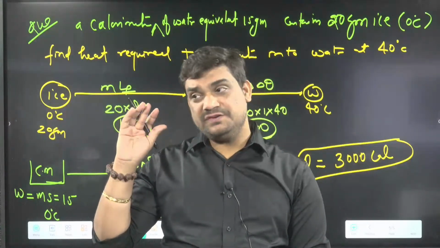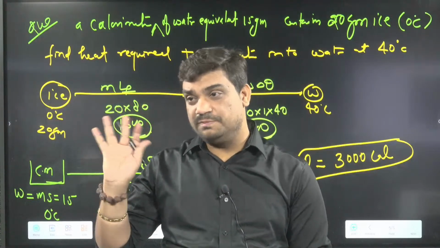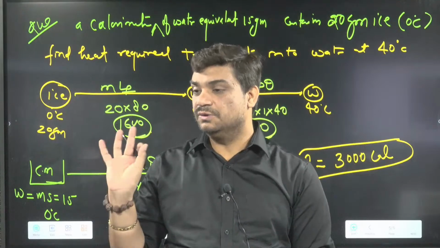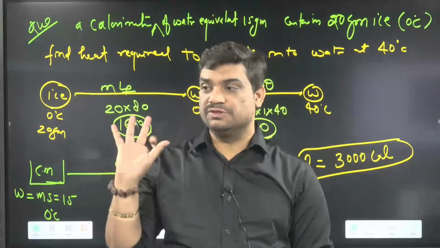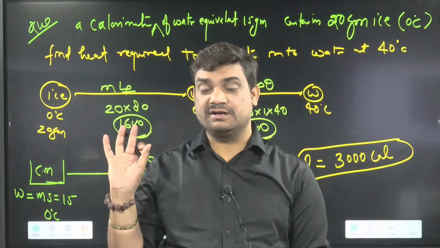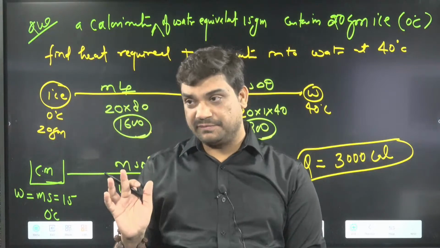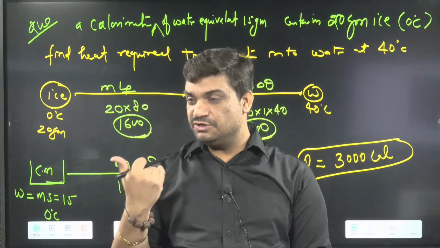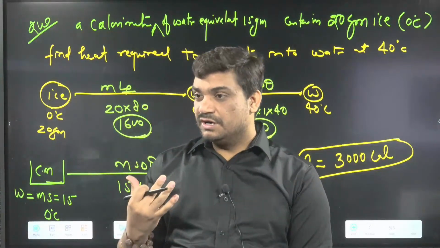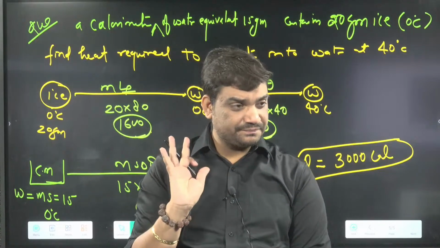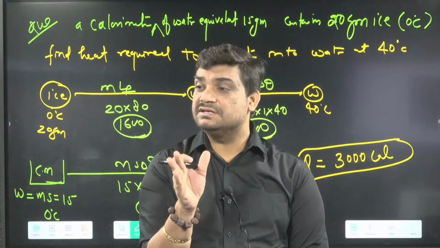If ice is not at 0, melting will not start. To start melting, ice must be at 0. Then only we can talk about melting. Till the ice comes to 0, you can never say melt. Ice will be ready to melt at 0 degrees Celsius.